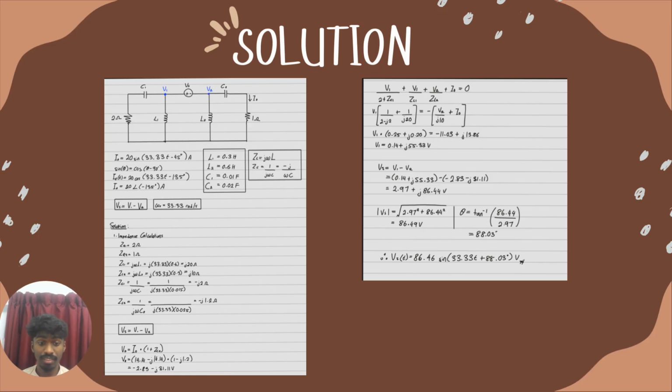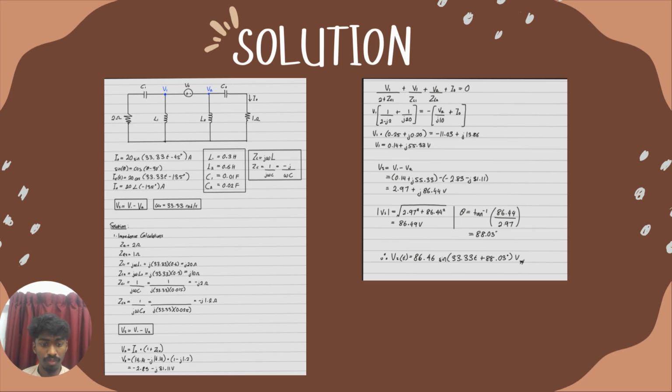From here we can see the final result in the right column. We solve for the magnitude using the Pythagorean theorem, V equals the square root of x squared plus y squared, to find the peak of the voltage, which is 86.49 volts. The angle is 88.03 degrees.